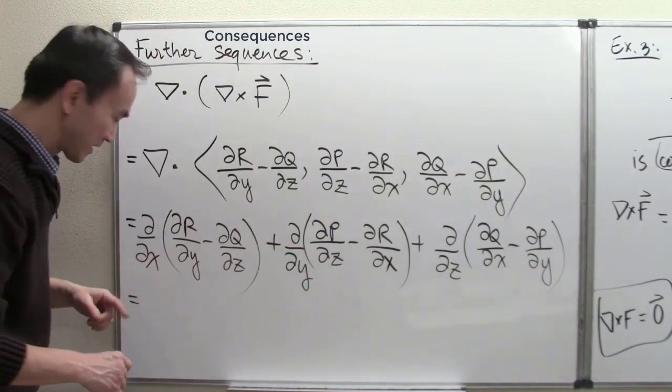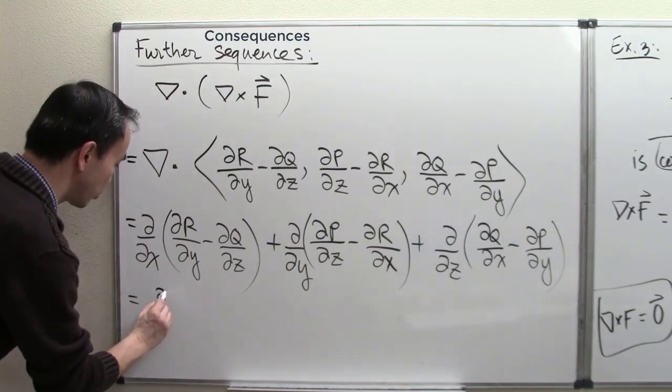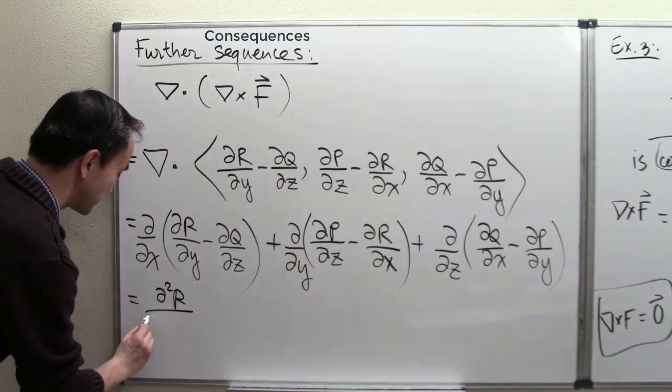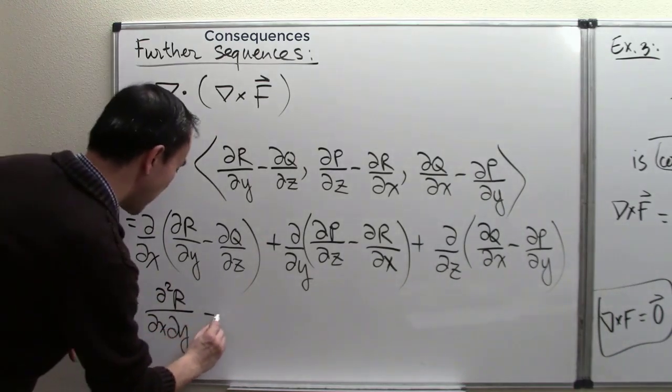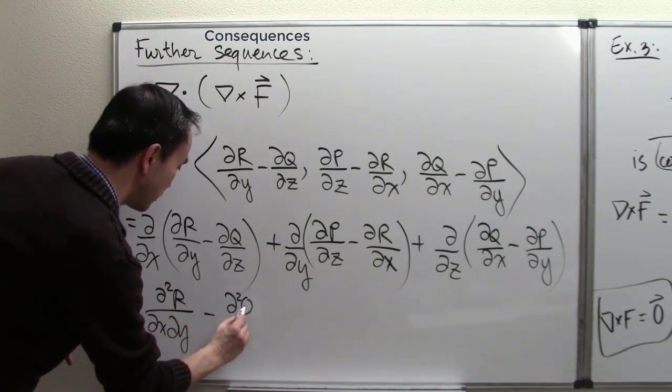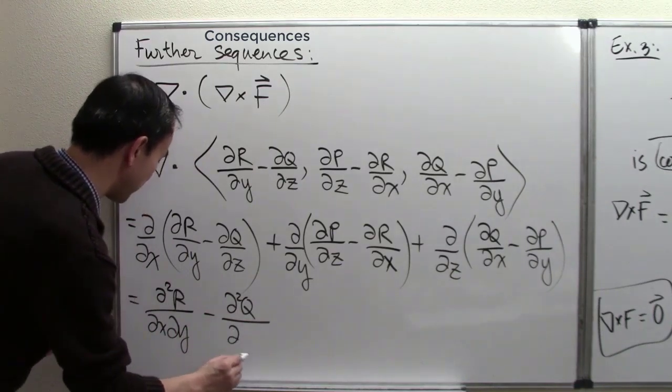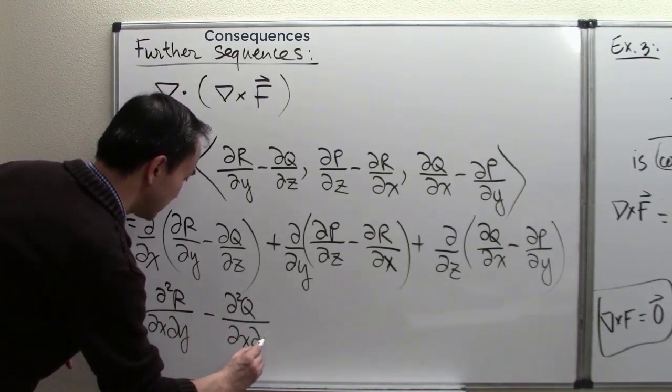And so now I'm looking at d squared R over dx dy minus d squared Q over dx dz.